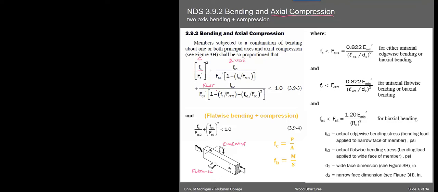I guess there would be a scenario where you might have it, but not very often. Usually you have one or the other. If it's flatwise, then you just leave off that part of the equation. If it's edgewise with no flatwise part, you leave off the bottom part of the equation. So you just use the part of the equation that applies, and the other part would just be 0.